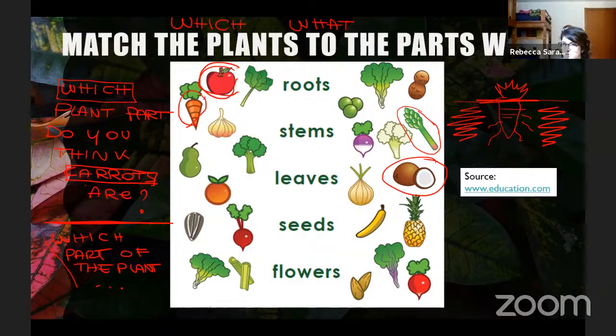And then I don't know if you noticed, but this is a slightly harder sentence structure. In this question, for example, the verb to be is at the end, mostly because you're using a layered question. So one is which plant part is a carrot, for example.